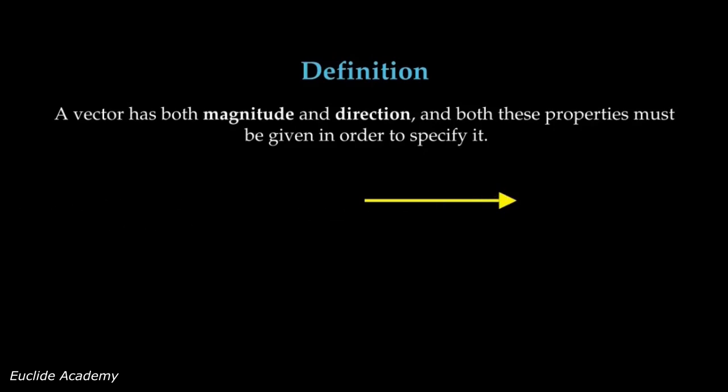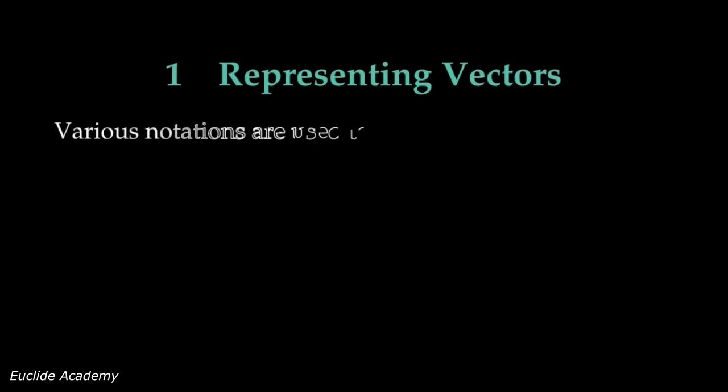So two things. So now, how do we represent vectors? This was just the definition of a vector, the mathematical definition. Now, how do we represent vectors? So here we're going to talk about representation of vectors when it comes to mathematics, and the notations that we use to represent vectors. So we already know that we can represent a vector by drawing a line in the direction of that line.